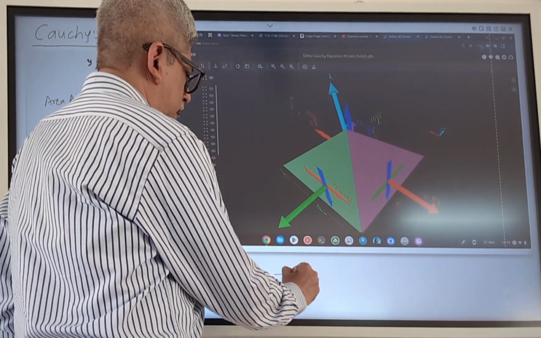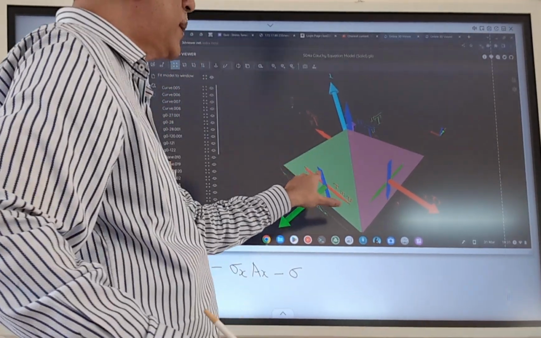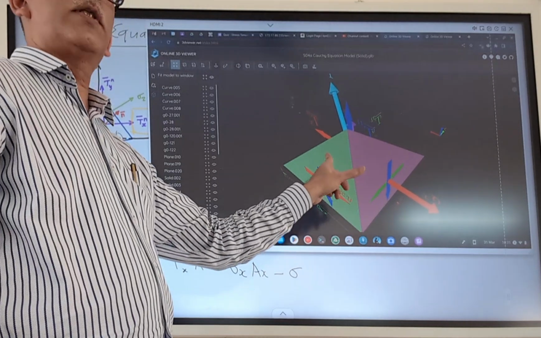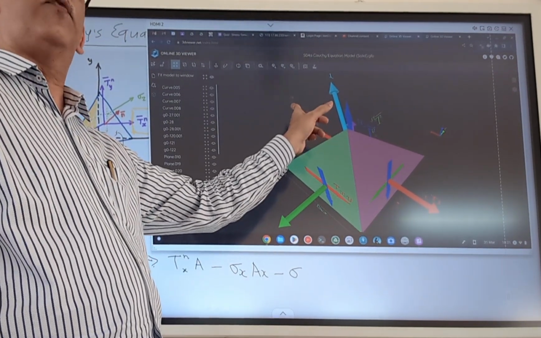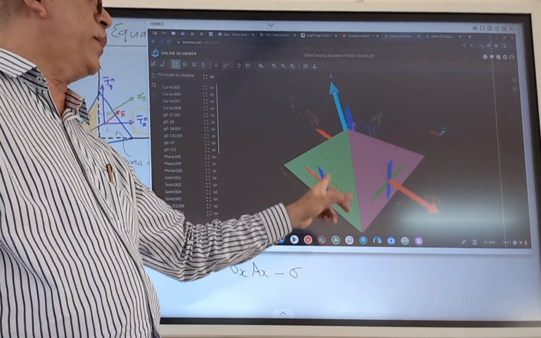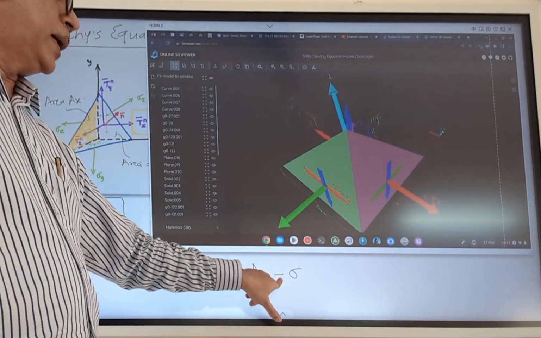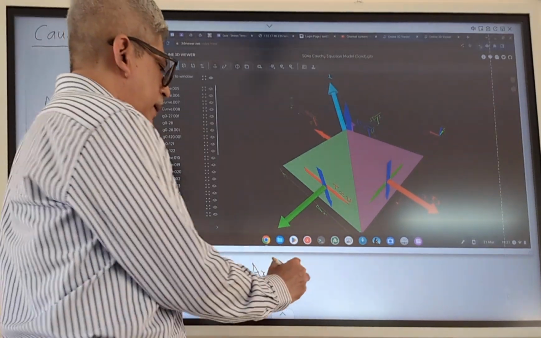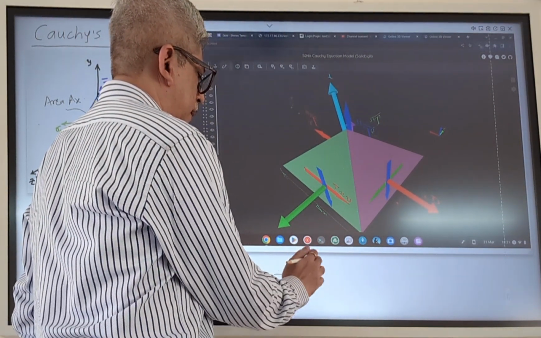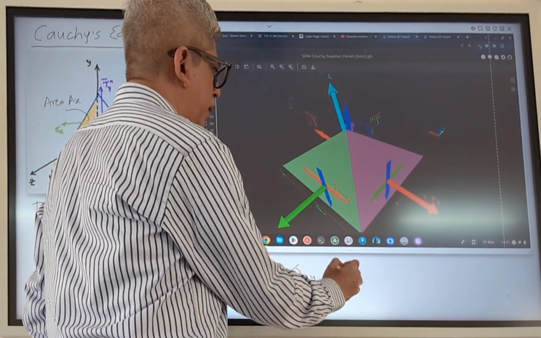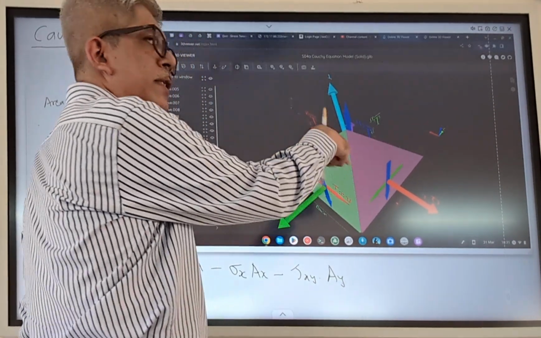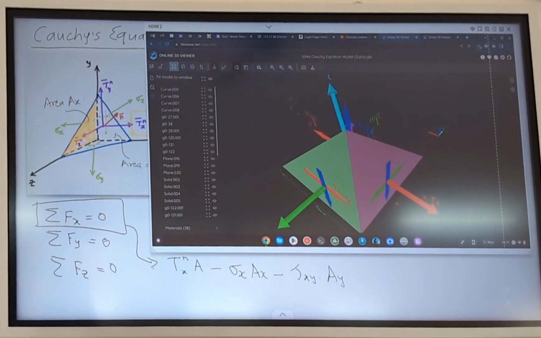So we will have a minus, because if you notice, all the forces are drawn opposite to the force which is acting on the arbitrary plane. That is why I have written here negative. So it is minus tau xy multiplied by Ay, where Ay is the area of this particular triangular face.